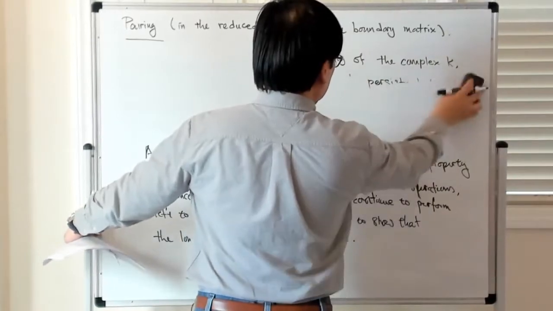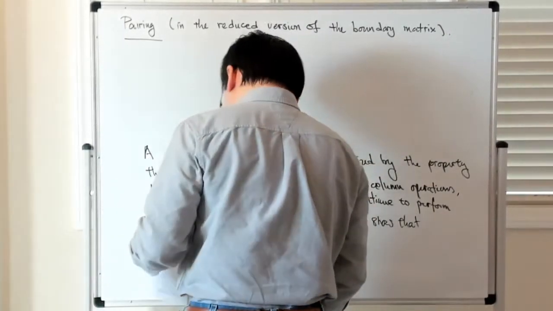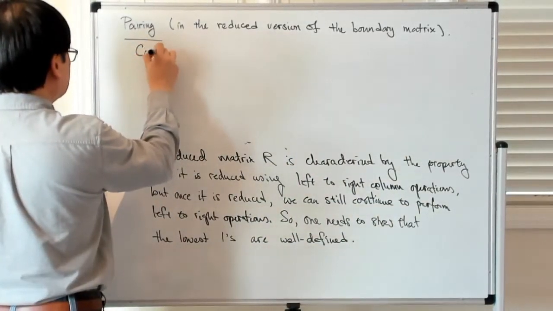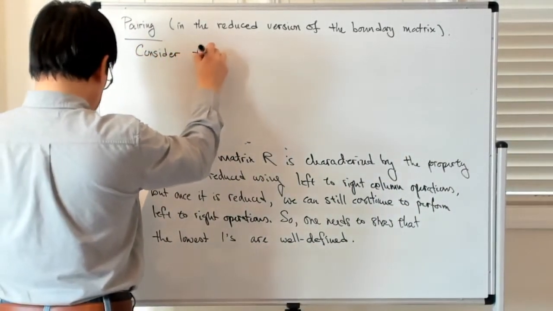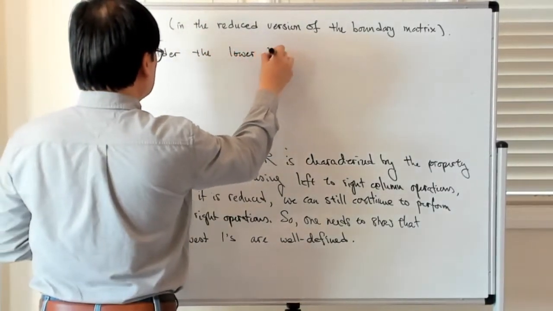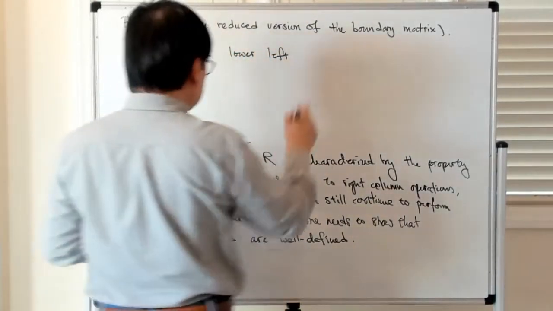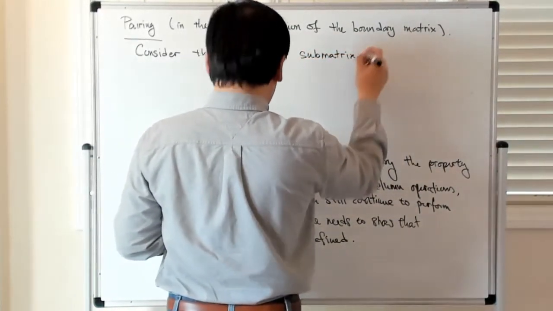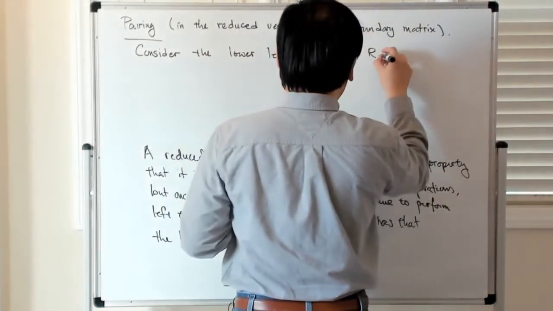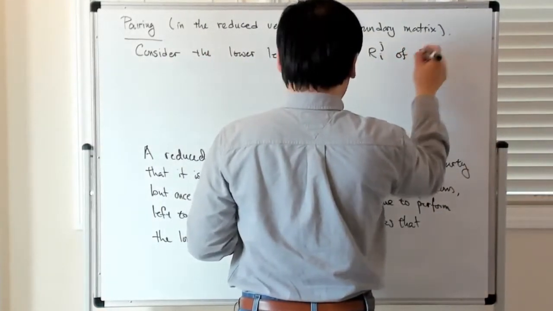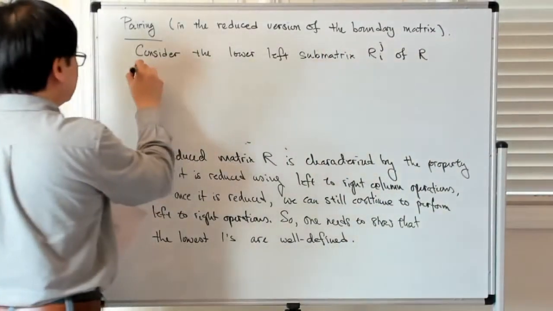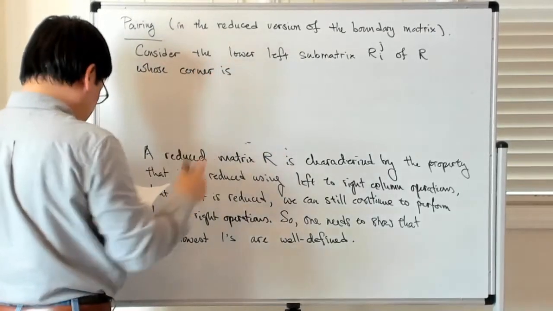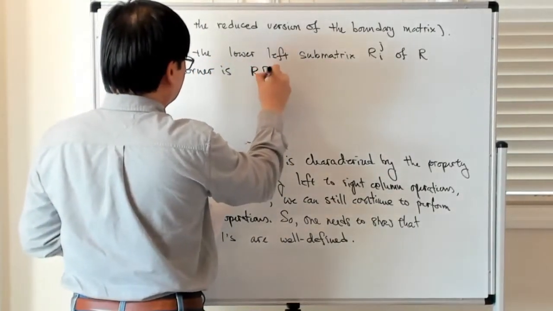I'm going to consider a submatrix of this matrix R. We consider the lower left submatrix, let's call that R_i^j, whose corner is just the entry R_ij.